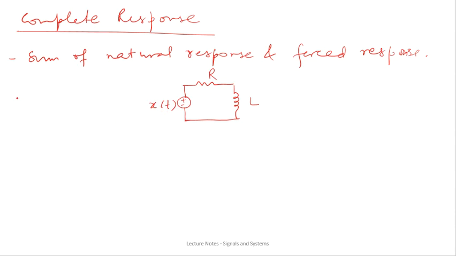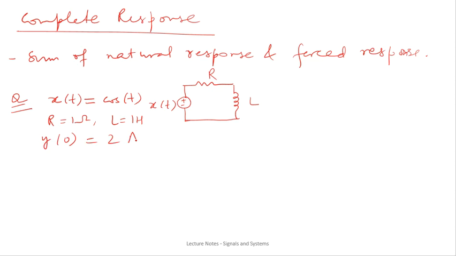Now the question is, find the current through the RL circuit shown in this figure, for an applied voltage of x(t) equals cos t, assuming R equals 1 ohm, L equals 1 Henry, and the initial condition is y(0) equals 2 ampere. This is already given in the problem. So you have to find the complete solution now.